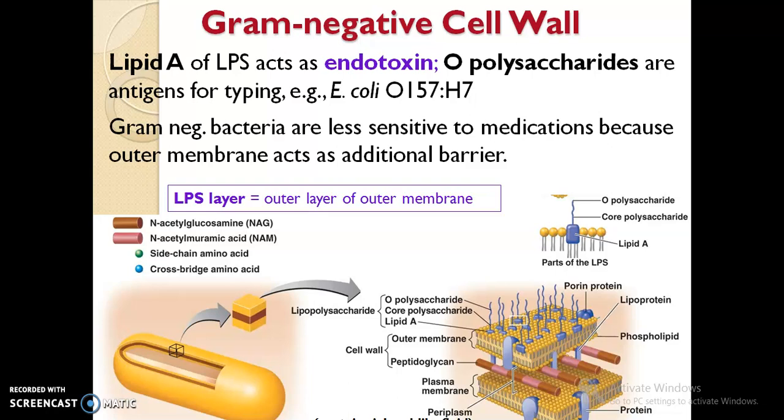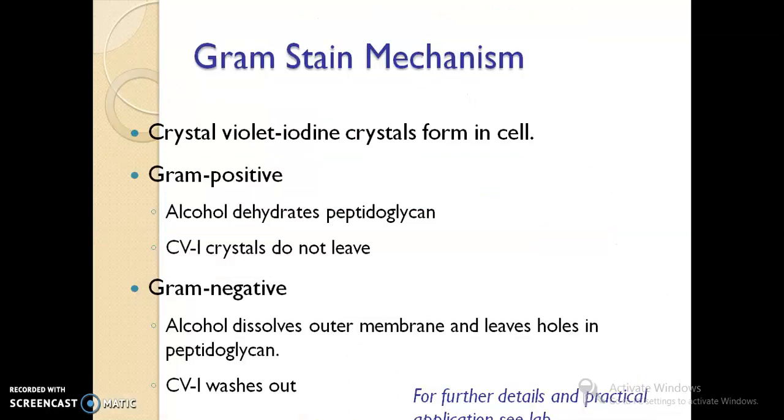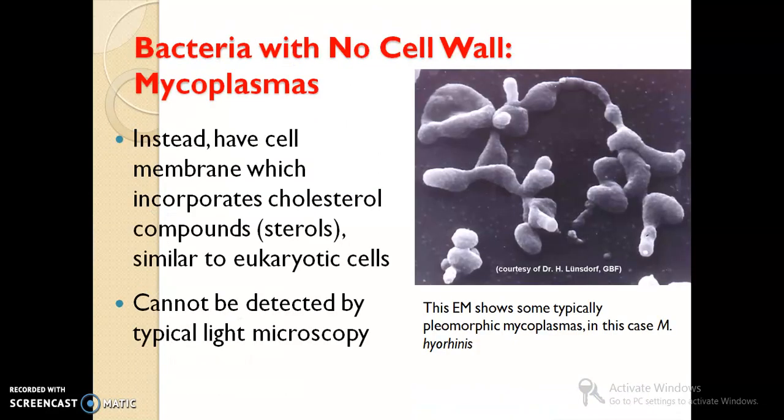The lipopolysaccharide, that is the LPS layer, is present on the cell wall of gram-negative bacteria. It accounts for their endotoxic activity and antigen specificity. Now this one is the cell stain mechanism. We can see it later on.